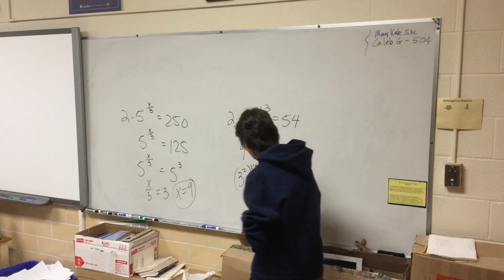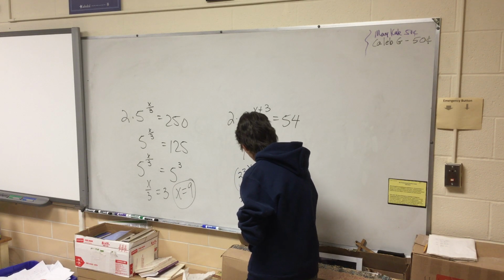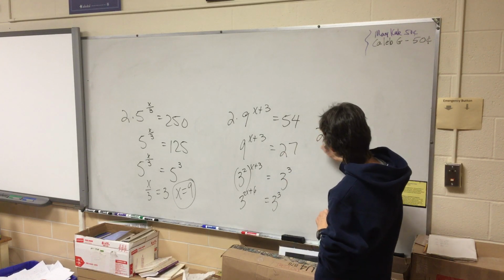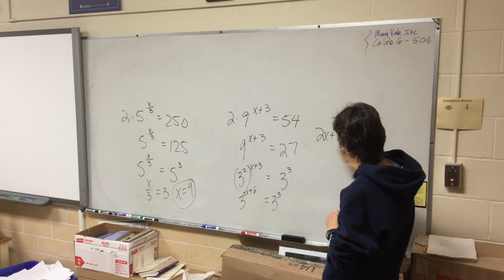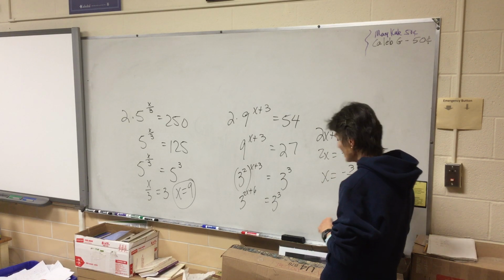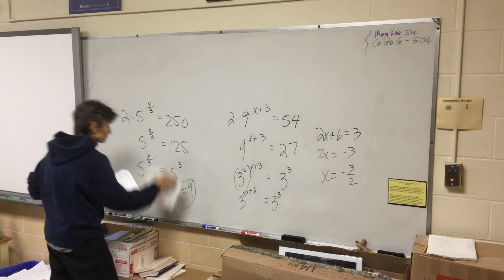So we can multiply the exponents if we have double like that. So now the bases match. 2x plus 6 equals 3. She solved this little equation and got -3/2. That is wonderful. Very, very good.